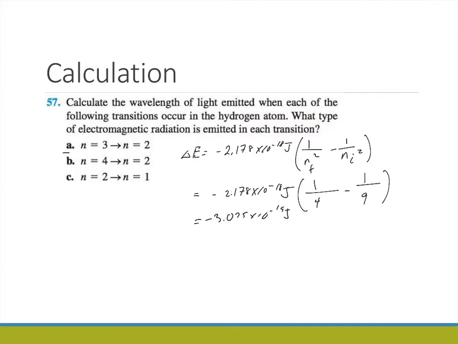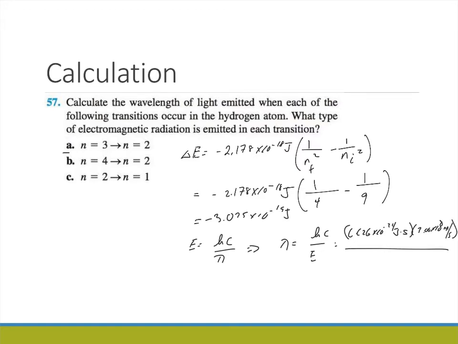Now what wavelength of light does this correspond to? So the energy is equal to hc over lambda, or lambda is equal to hc over E, which is equal to 6.626 times 10 to the minus 34 joule seconds times 3.00 times 10 to the 8th meters per second over the 3.025 times 10 to the minus 19th joules.